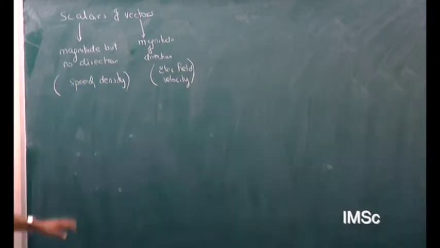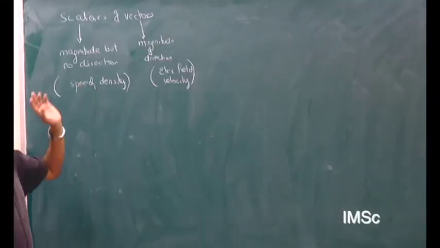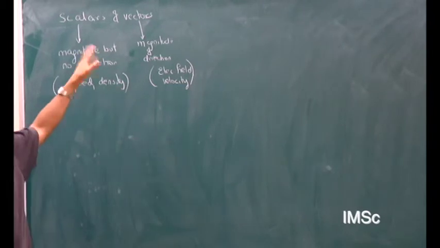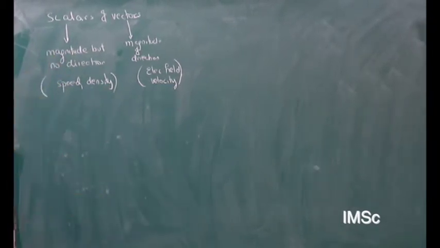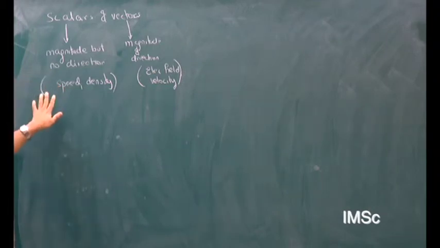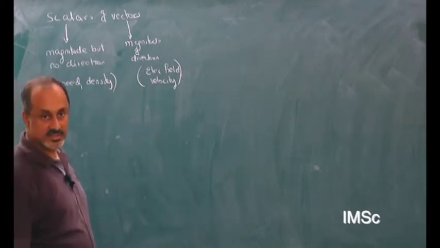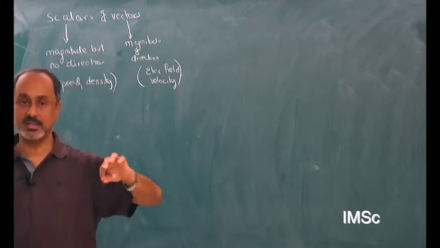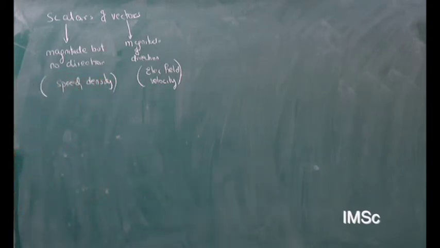Okay. So here, for example, you might say the density at a point is 23. That has no direction associated with it. Saying this car outside IMSC is moving with a speed of 20 kilometers an hour, that again is a quantity that has no direction. Over here, on the other hand, you can say the electric field here points in the direction of the door, because if I put a little charge there, the charge is pushed towards the door.